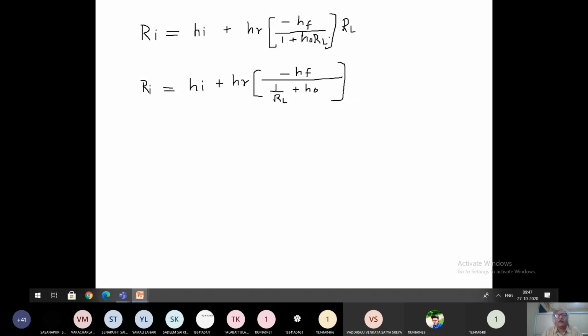Here in this term, I will divide numerator and denominator by RL. So I will write here, or you understand this, right? Not required that much. So this you will get.